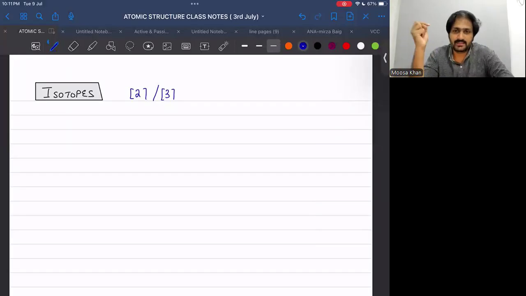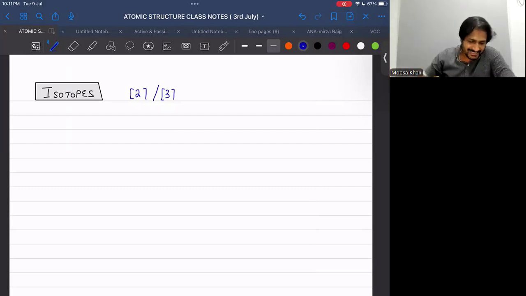Atoms of the same element having same number of protons but different number of neutrons. Atoms तो लगाओ साथ. Yes, Anik, very good. Isotopes are the atoms of the same element having same number of protons but different number of neutrons. If they have same number of protons, obviously they will have same number of electrons. ठीक है भाई, let me write it for you.